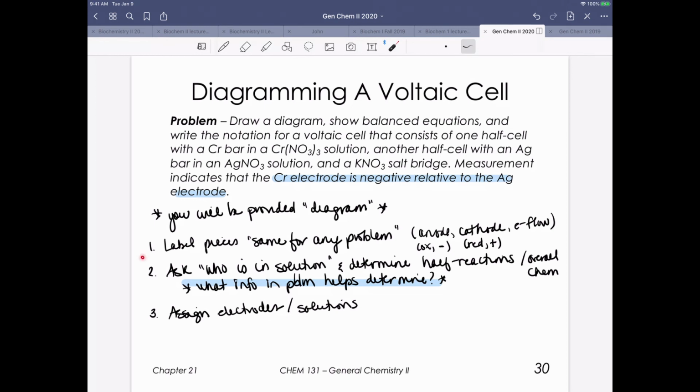The first thing I want you to do is, if you were given a blank diagram, and there are blank diagrams available on Blackboard that you can download, it just says voltaic cell blank diagram, try labeling the things that are the same for any problem. Where are these things going to be? I'm going to pause the video periodically here, and I encourage you to pause it so that you can try to work through this solution.